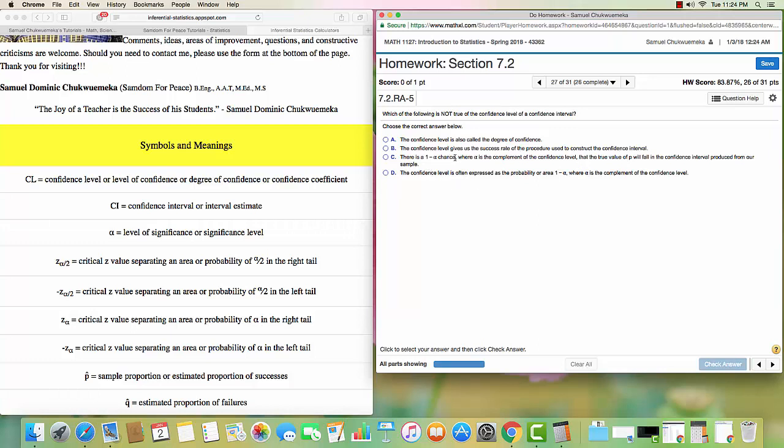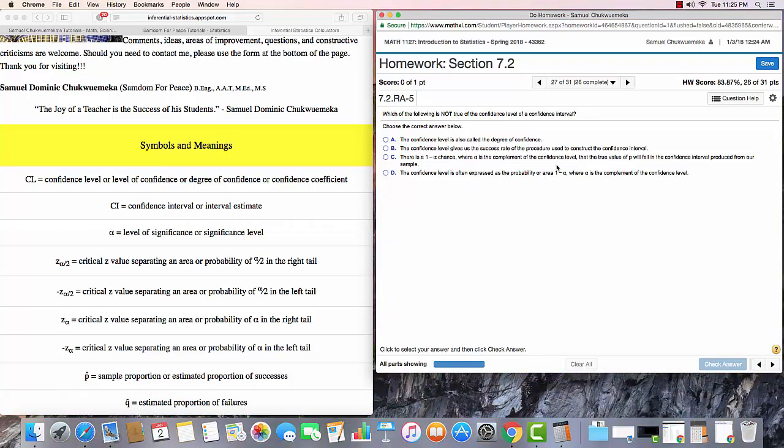B, the confidence level gives us the success rate of the procedure used to construct the confidence interval. That is correct. C, there is a 1 minus alpha chance, where alpha is the complement of the confidence level, that the true value of the population proportion, P, will fall in the confidence interval produced from a sample.